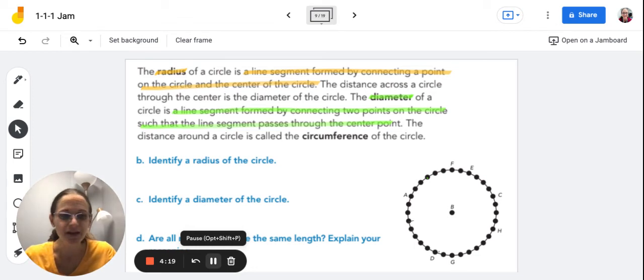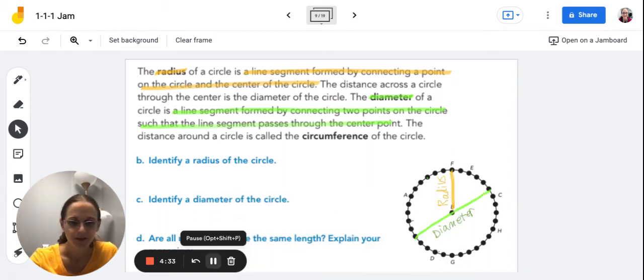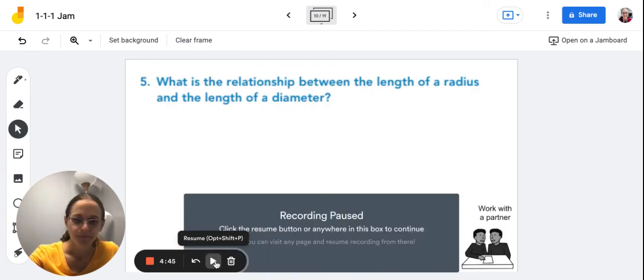The reason that every radius is the same length as every other radius is that all of the points on the circle are the same distance from the center. And that distance is the length of the radius. The important thing for you to remember here is that the radius goes halfway across the circle, from the center to the circle itself, and the diameter goes all the way across the circle through the center of the circle.